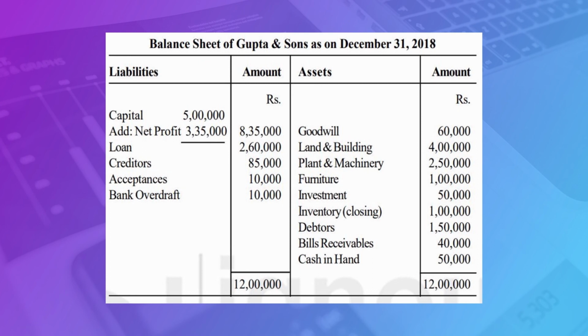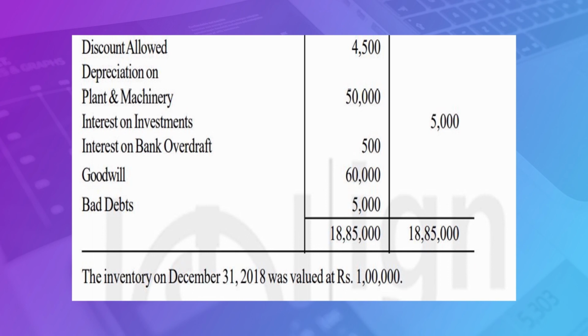So, dear learners, as I had told you, if any information is provided outside the trial balance, it will be recorded at a minimum of 2 places while preparing the final accounts. If we go back, we will see that the amount of closing stock, meaning the inventory on 31st December 2018, is provided outside the trial balance.